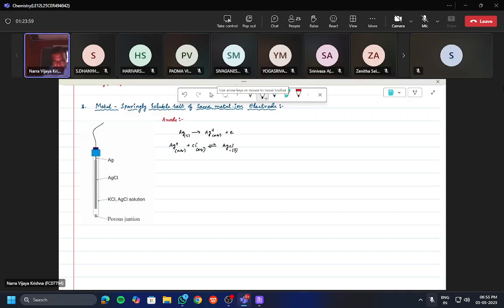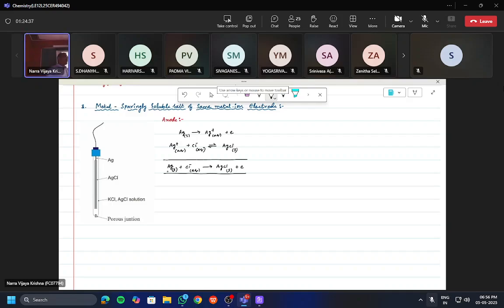Now, what is the overall reaction? Ag plus Cl minus gives rise to AgCl plus electron. This is the overall reaction that happens at anode.